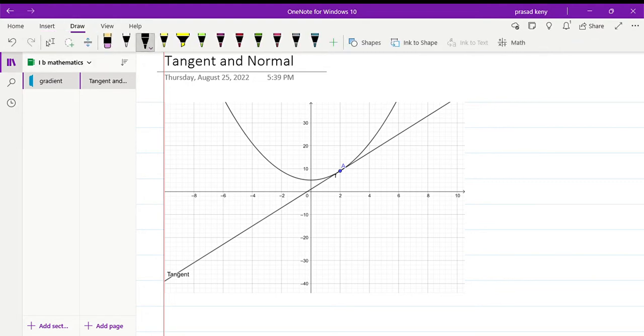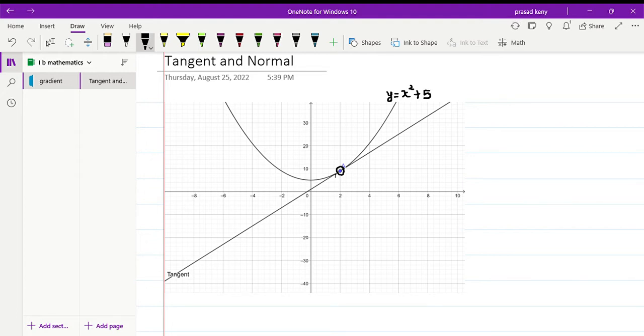So, as you can see in this figure, this line is touching the curve in a single point A. Now, this curve is the graph of the function with equation y is equal to x square plus 5.